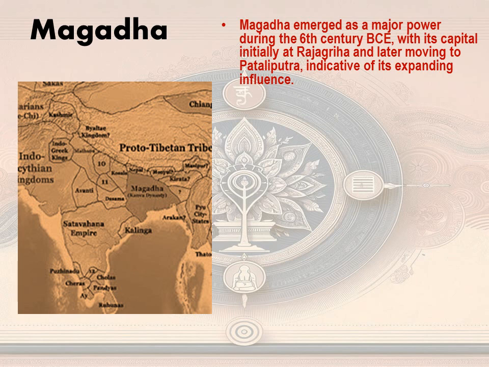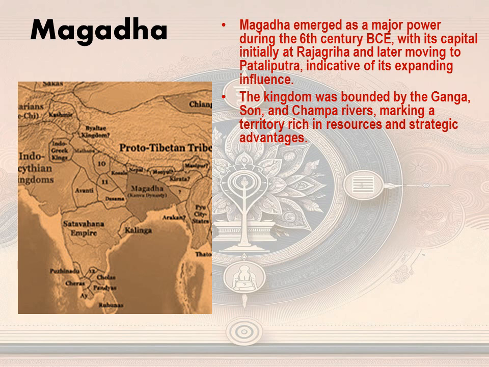It was initially not that important among the Mahajanapadas, but later Magadha expanded and conquered almost all of the Mahajanapadas in the north. Its capital was at Rajagriha, which is modernly called Rajgir, and later the capital was shifted to Pataliputra.